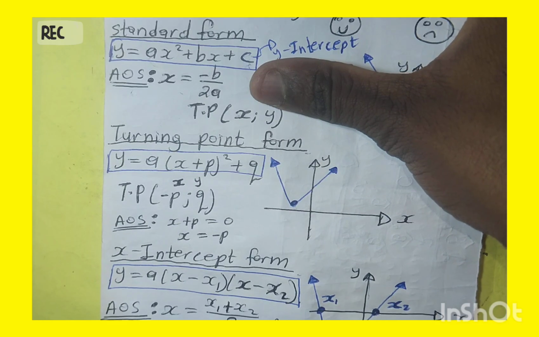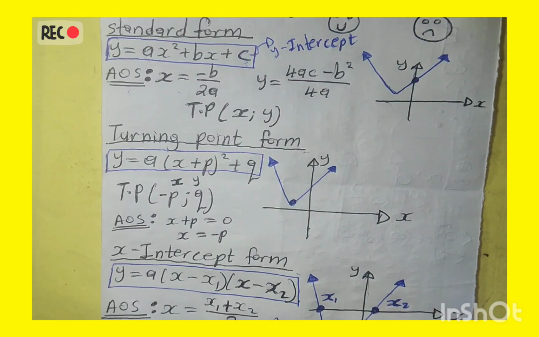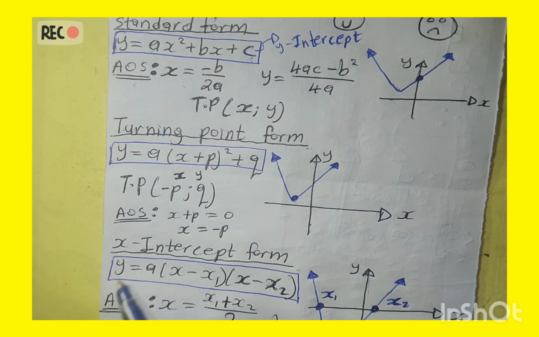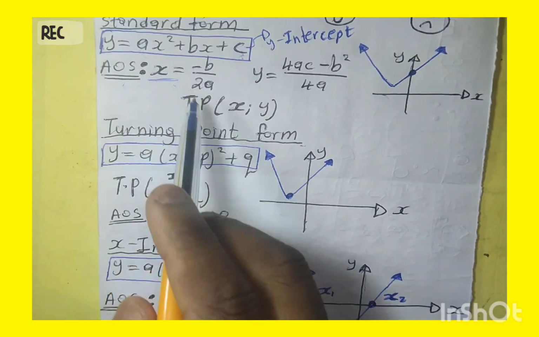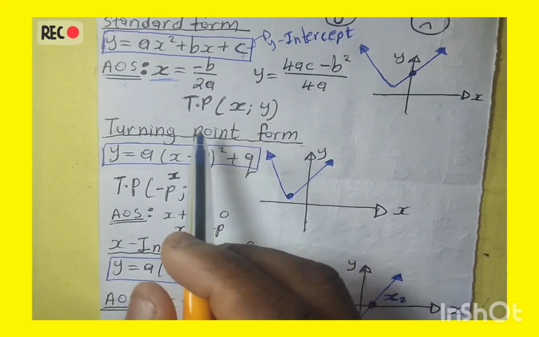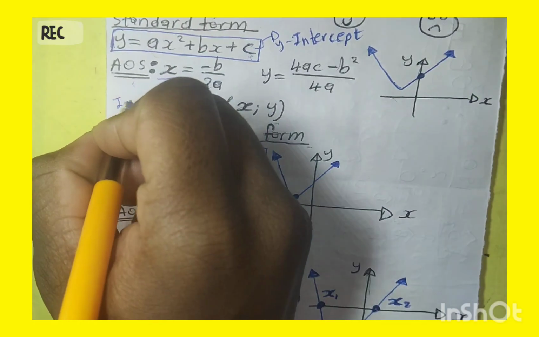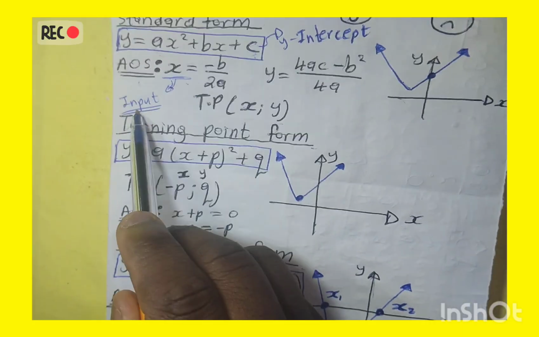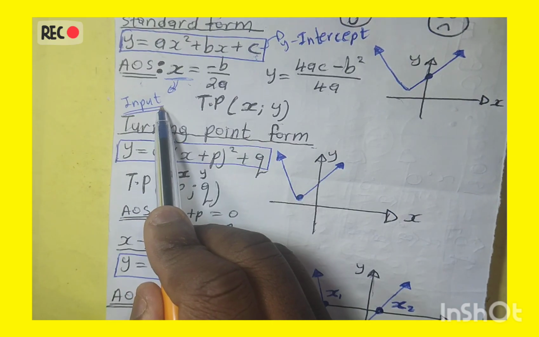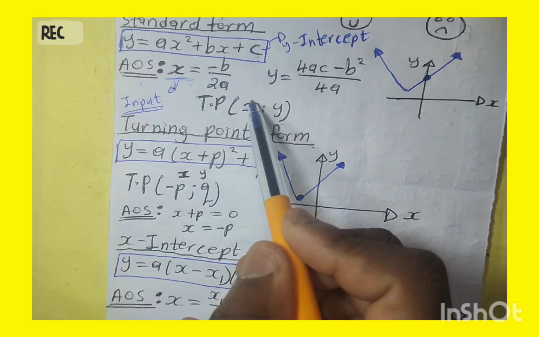If, guys, you feel like it's hard for you to remember this equation, what you can do is use the equation of the axis of symmetry to get your turning point. That equation will give me my input, which will be the x value.